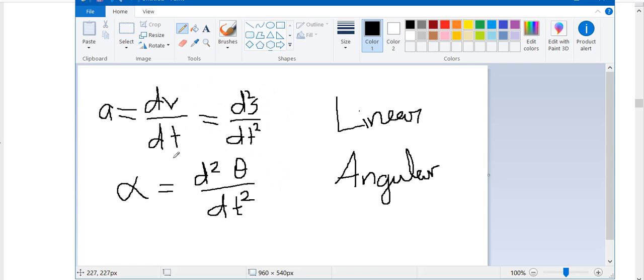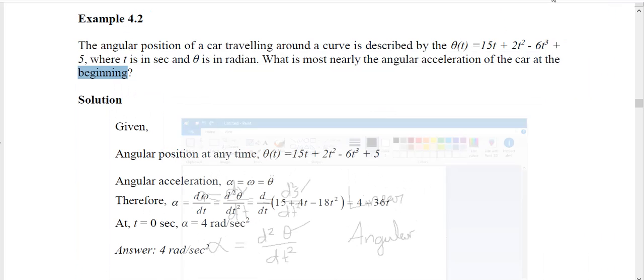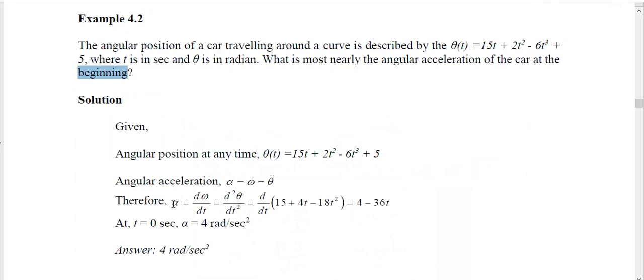Same equation for angular: alpha is d square theta by dt square. Here s is my linear displacement, theta is my angular displacement. So same equation, just different format. Alpha is d omega by dt, this time not v but omega, because it is angular. Then we get d square theta by dt square, which means we have to do differentiation twice.